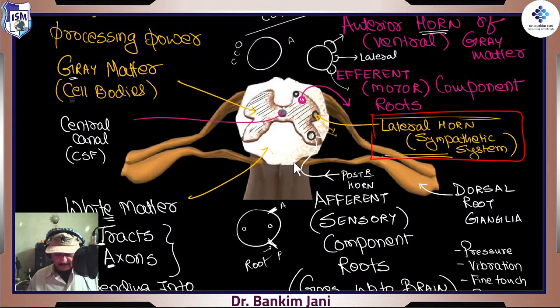True. And inside the spinal cord, we have got the horns. So we have got the anterior horn, posterior horn, and the lateral horn. So think of it like this: there are three centers, but entry and exit, that is only one.